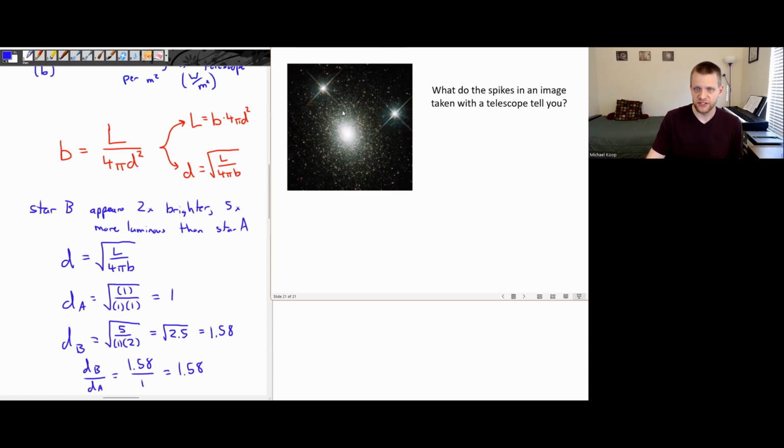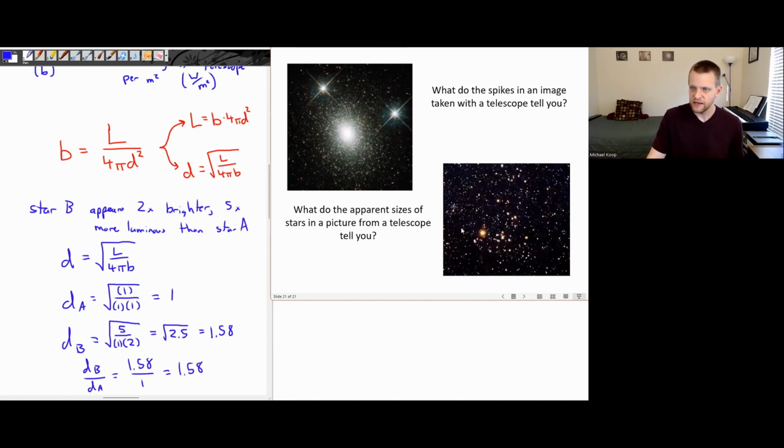So those spikes on this telescope image are telling us more about the apparent brightness of this object. Even in pictures like this, where there's no obvious lens flare, the size of the images of these stars doesn't necessarily represent the sizes of the actual stars. Most telescopes do not have the angular resolution to actually resolve the size of the star.